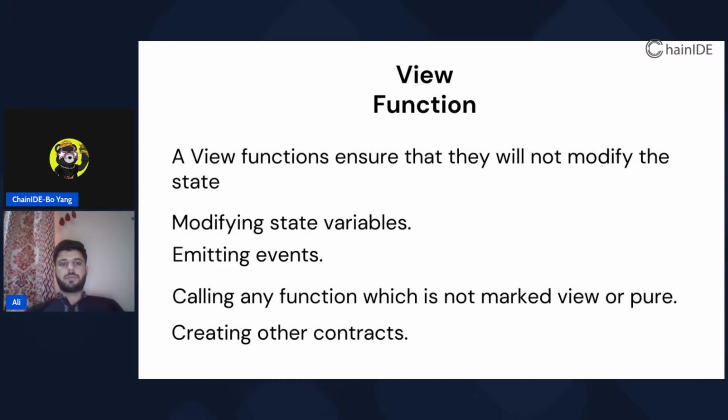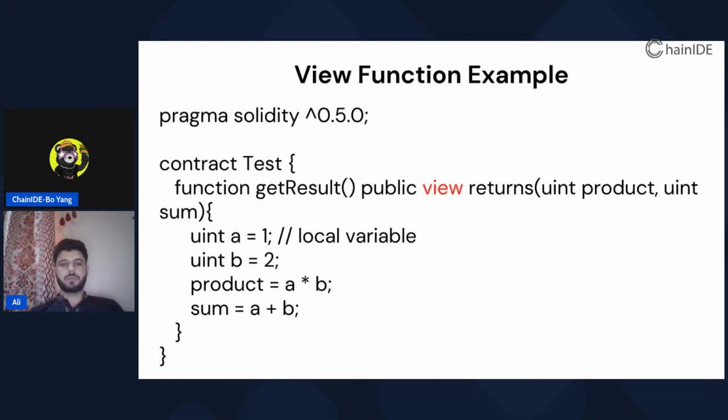If we use view with a function, then we cannot modify the state variables, and we cannot emit events. Whenever we try to use the state variable with a function defined as view, it will throw an error. You cannot modify a state variable because you are using the function as view.